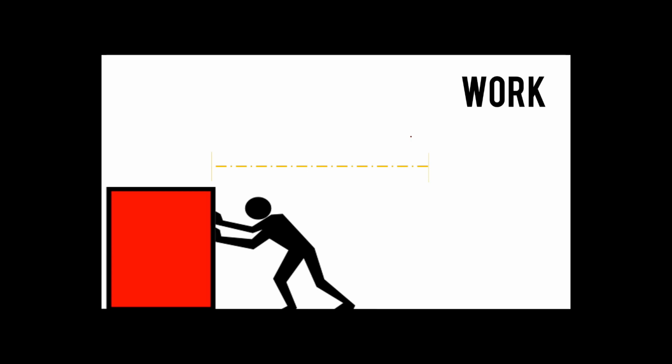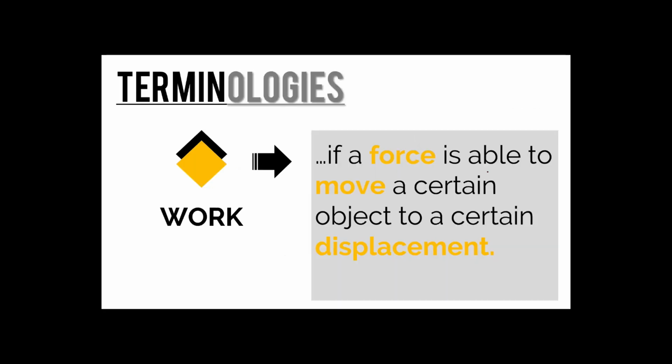When we say work, there is a force that is able to move a certain object to a certain displacement. So when we say work in physics, work is applying force to be able to move a certain object to a certain displacement.